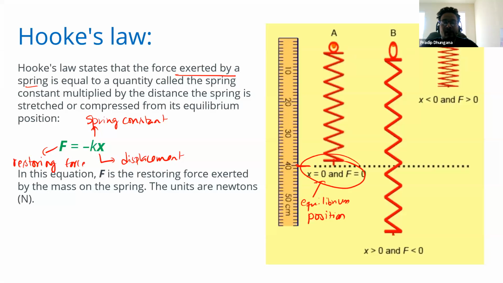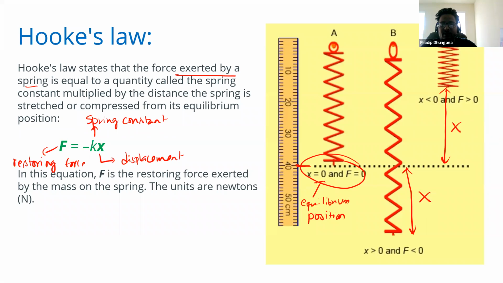At that time, the velocity will be maximum when we hang an object and it goes up and down. At the equilibrium position, the velocity of that mass becomes maximum. And then if we apply a certain force, now we can see here the spring is stretched, and that is x, the elongation. If we compress, x is displacement due to compression.